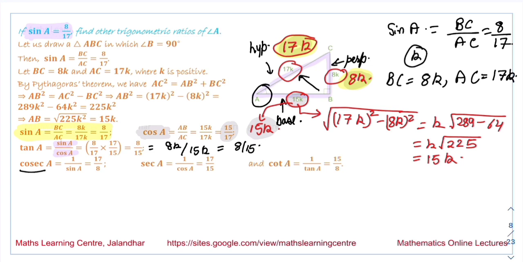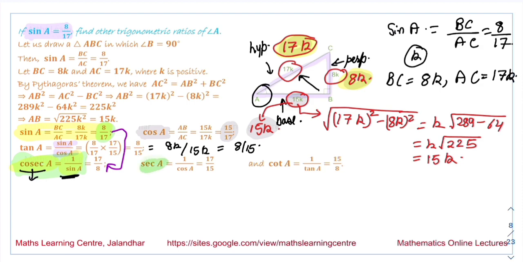Now cosecant A is the reciprocal of sine A. The value of sine A we have is 8 by 17, so the value of cosecant A is 17 by 8.